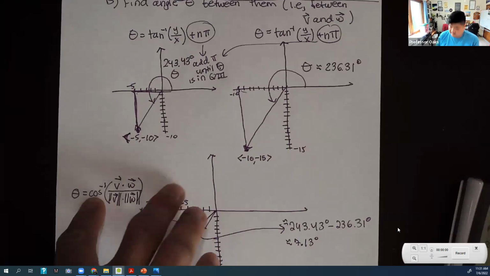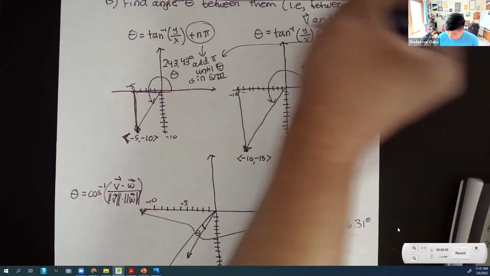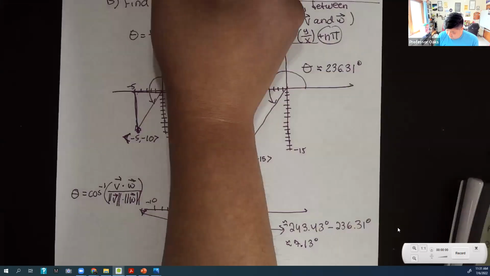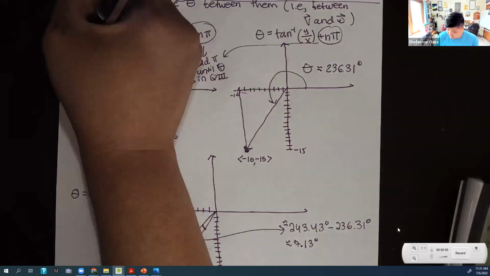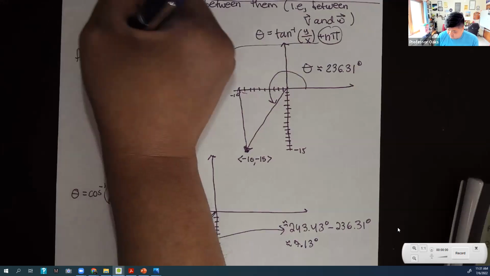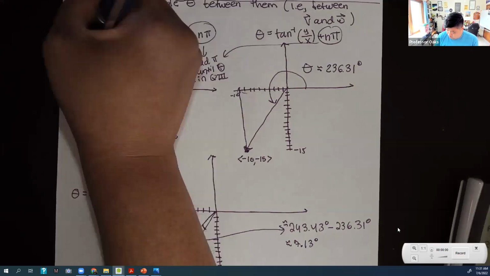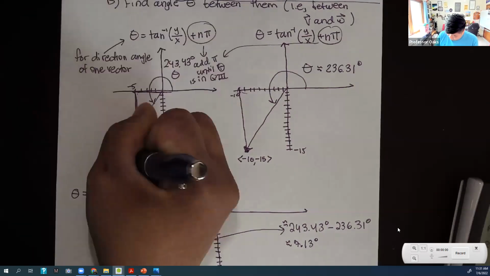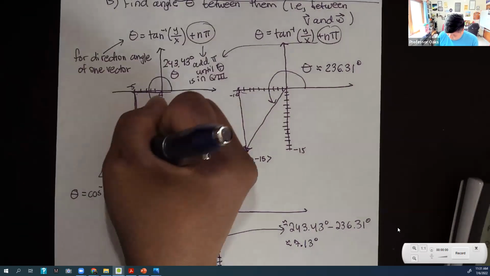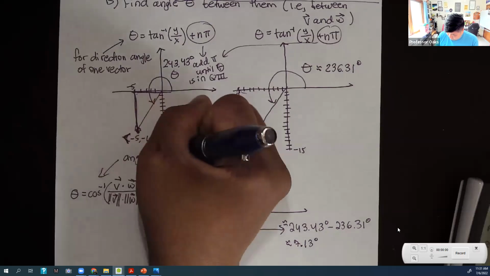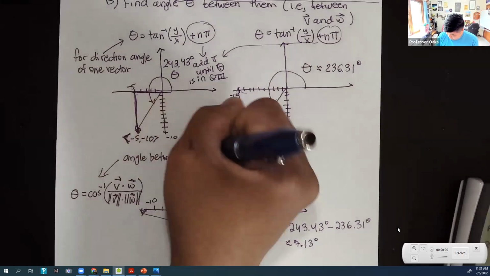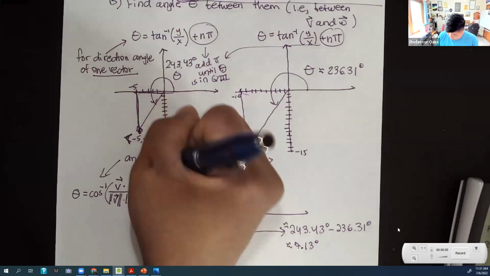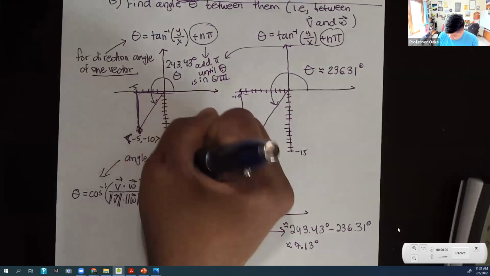So this is for the direction angle of one vector, and this is for the angle between two vectors. So I think that is what you have to sort of remember.